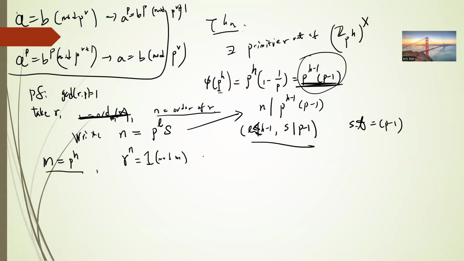Which means that if we take the t-th power, we get r^(p^l s t), which is 1 mod m. Okay, so this is trivial.